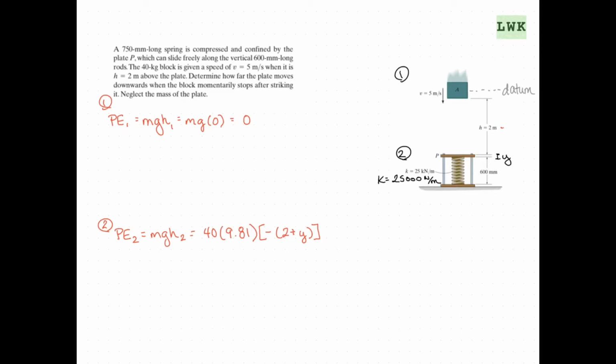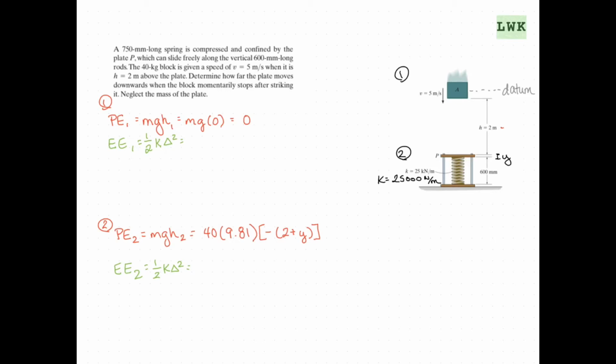So now let's move on, and we're going to look at our elastic energy at states 1 and 2. We know our elastic energy equals 1/2 k, our spring constant, times our displacement squared. So we're going to look at these positions of our plate.